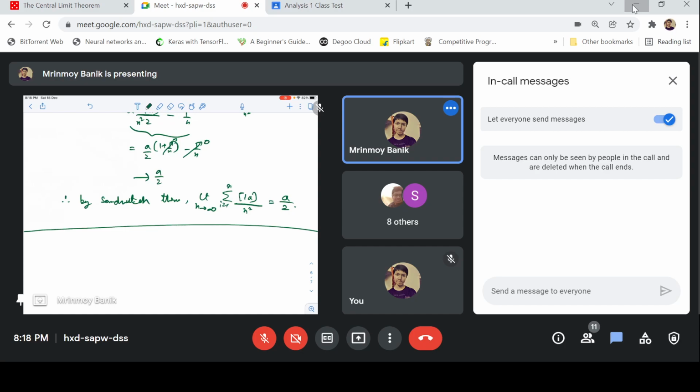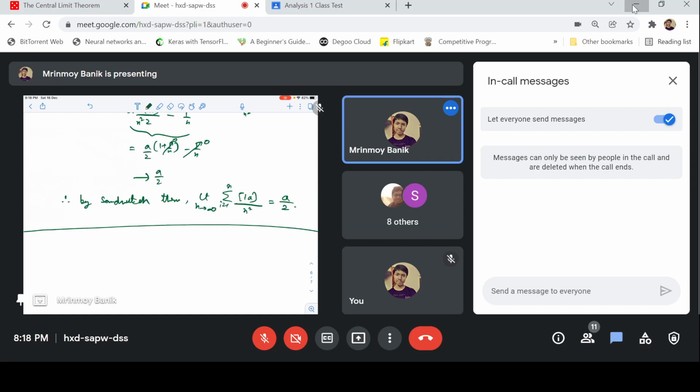Yes, sir. So for all y in U, such that mod of y minus a is less than delta epsilon implies mod of f of a minus f of y is less than epsilon.